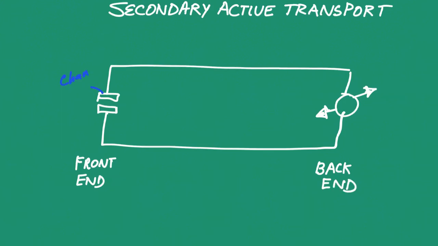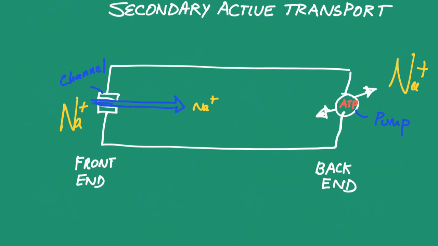So there we have the channel in the front end, a protein channel, and the back end has a pump that is powered by ATP. This secondary active transport depends upon the gradient of sodium. There's always a lot more sodium outside the cell than inside. This allows the sodium to rush into the cell in a kind of whoosh.